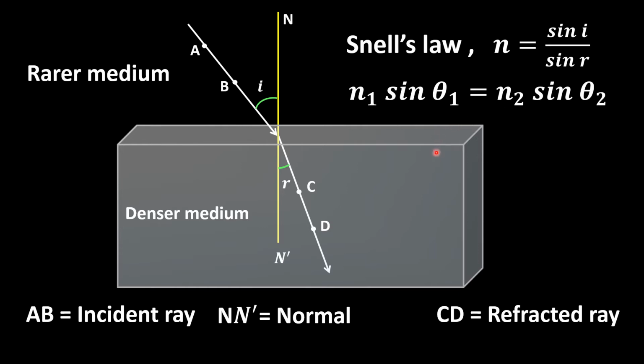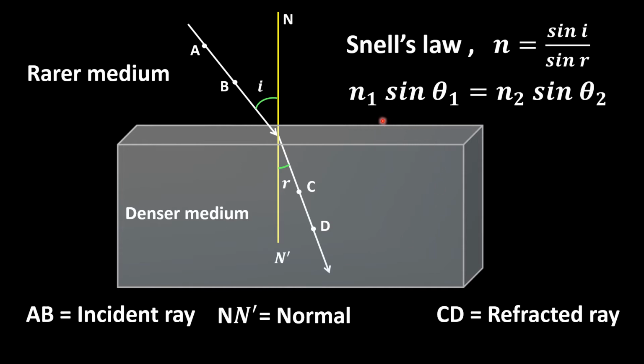So Snell's law can be stated simply as n sin theta equals constant. Here n1 is the refractive index of the first medium and theta 1 is the angle between the incident ray and the normal, and n2 is the refractive index of the second medium, and theta 2 is the angle between the refracted ray and the normal.